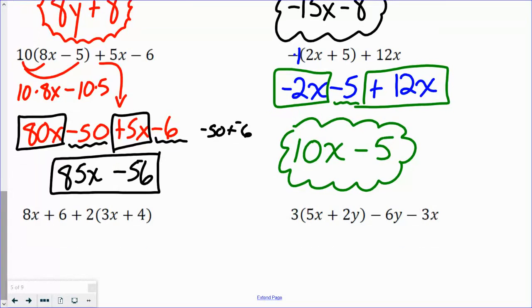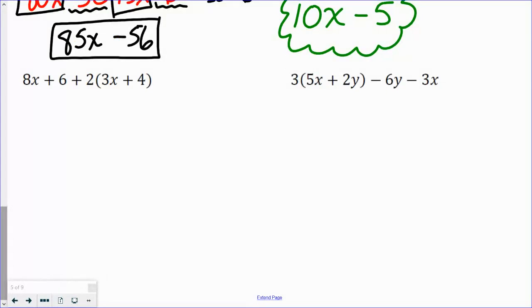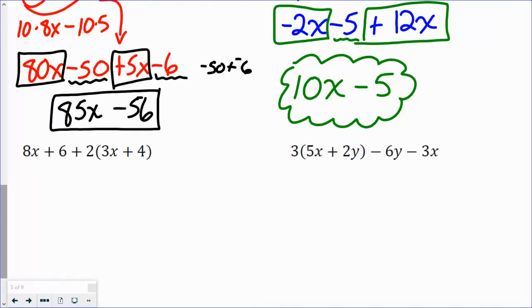All right, let's look at our last two for our notes, and then we'll talk about some of the homework. All right, I have distributive property of 2 times 3x and 2 times 4. Okay, so I have an 8x plus 6 plus a 6x plus 8.